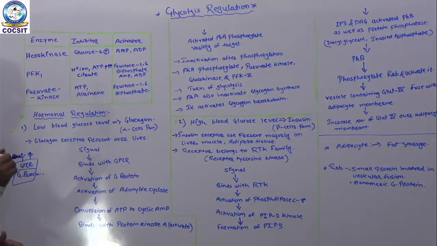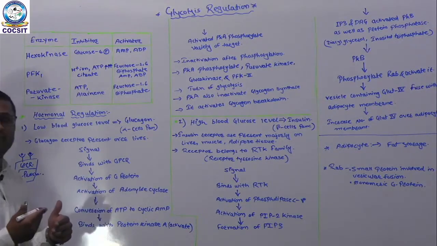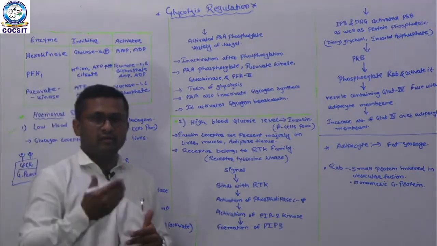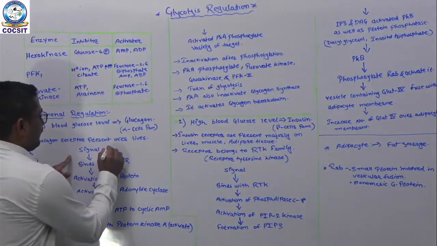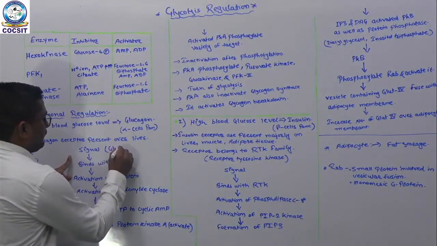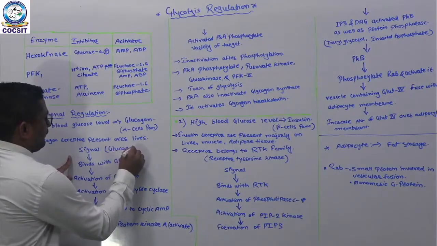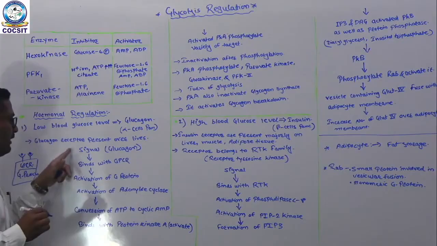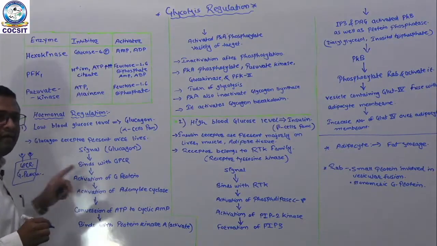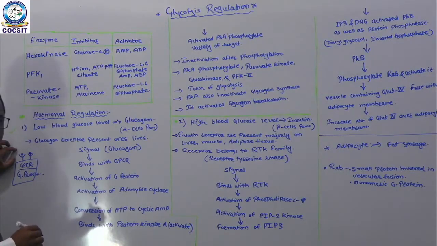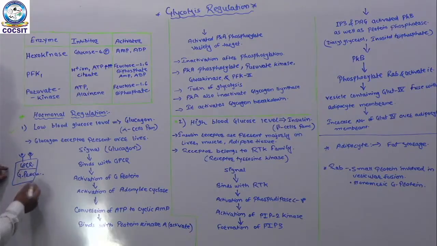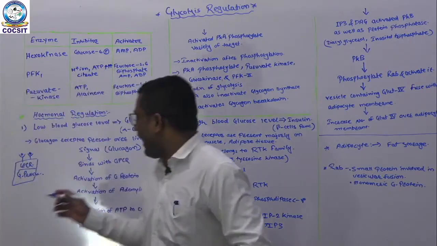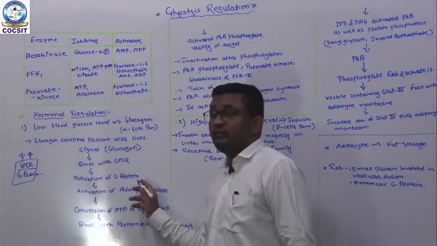See what the sequence of events is here. Glucagon is giving the signal, and it is going to bind on the GPCR receptor. When it binds, the GPCR receptor gets the signal and activates the G protein.